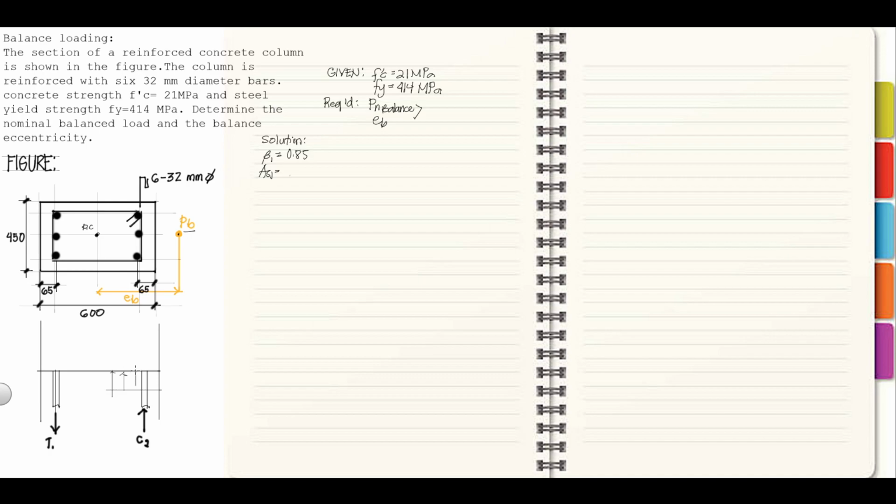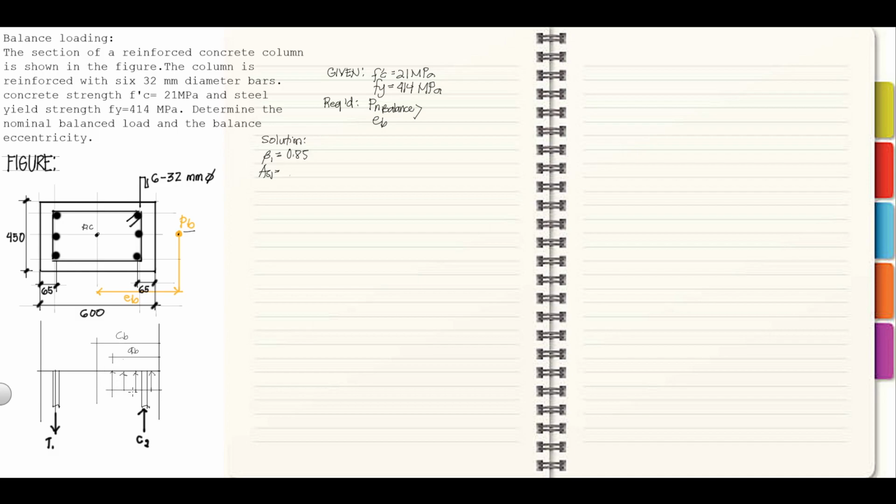Take note, dahil may eccentricity na to, it will act like a beam. So ito na yung ating A, this is the A distance, A balance. And then we have also the C balance here, CB.